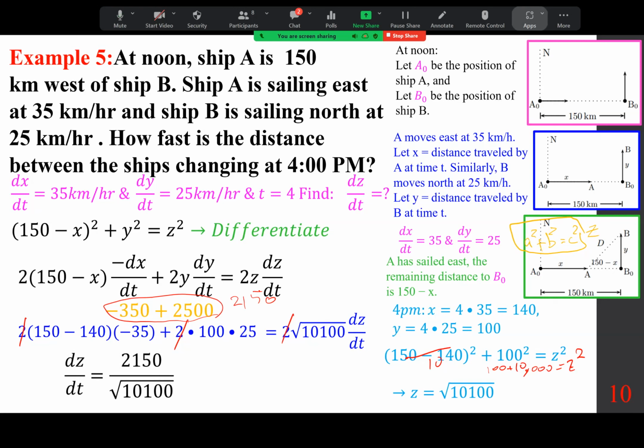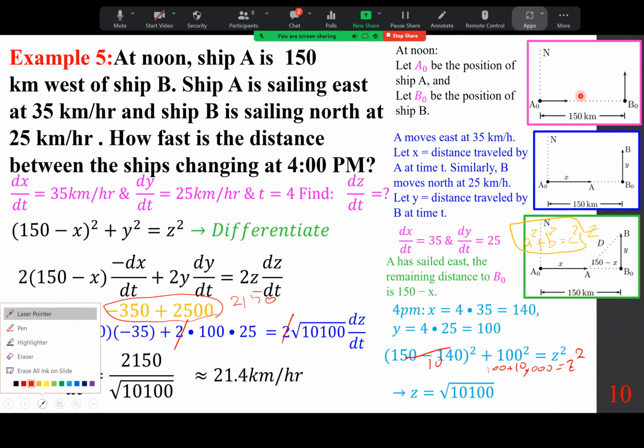And if you use a calculator now, about 21.4 kilometers per hour. I hope you realize solving it is really not too bad as long as we go through the process of explaining the whole situation with the drawing so it becomes clear as to what we are doing.